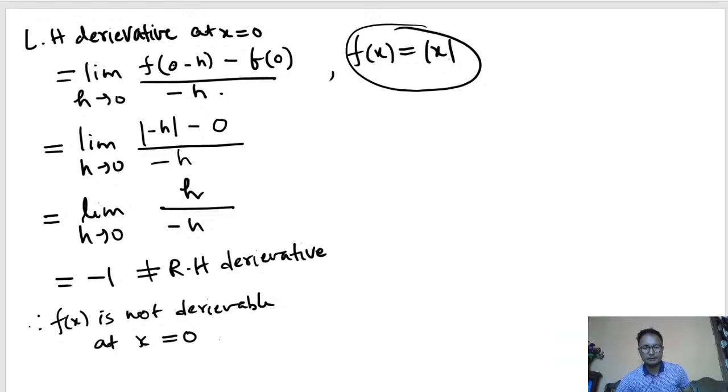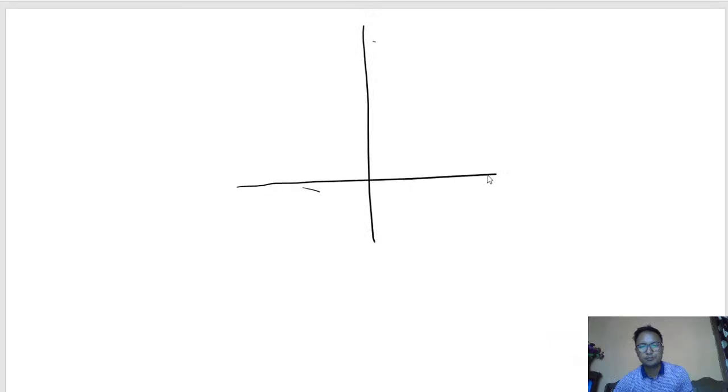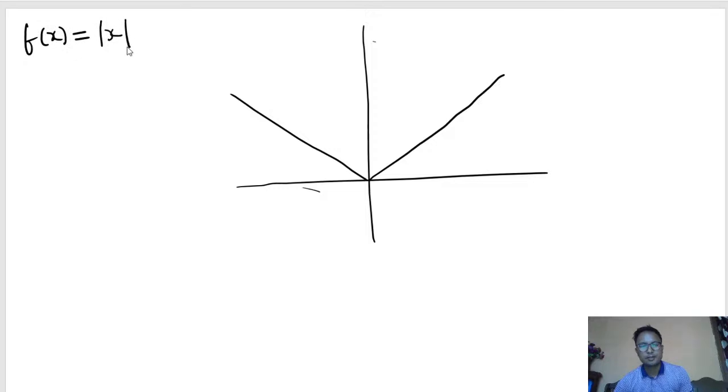Okay, right. So this was the next question. Now, f of x is modulus of x.